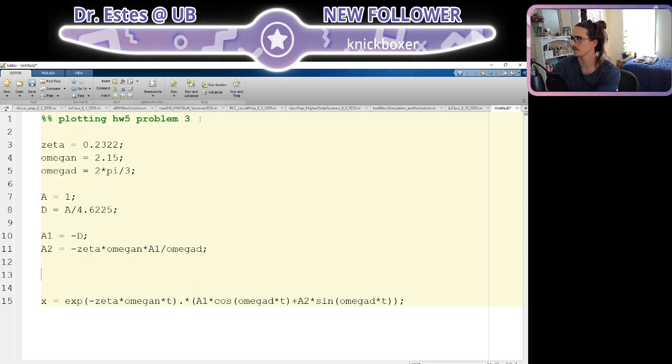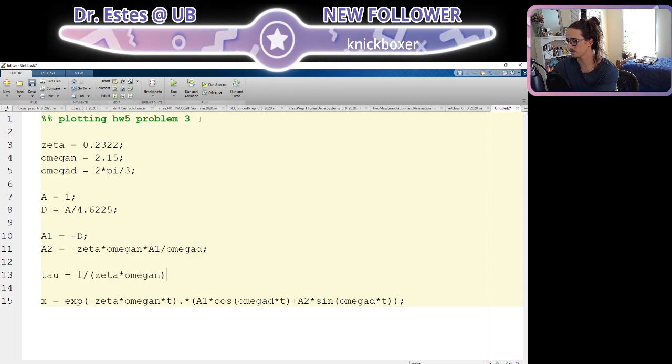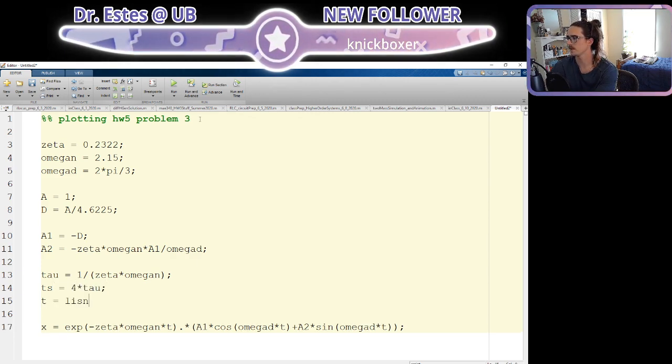And the settling time, tau, is going to be 1 divided by zeta times omega n. And let's make t go to like 2 times the settling time. Or maybe just 1 time.